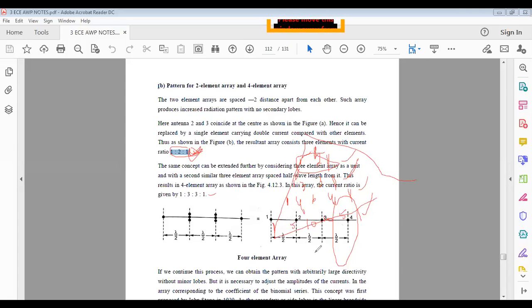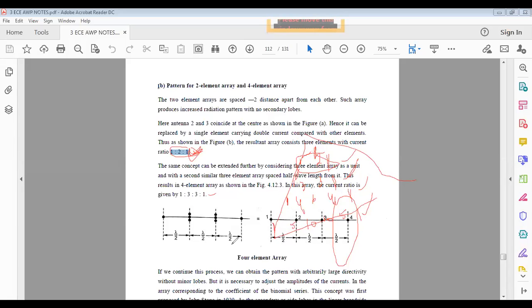Suppose we consider the 9 element array, it is just expanded. This is for 3 element, 4 element, 5 element, this is for 6 element. Similarly for 7 element, 8 element, 9 element is also possible. Suppose 1 2 3 4 5 6.